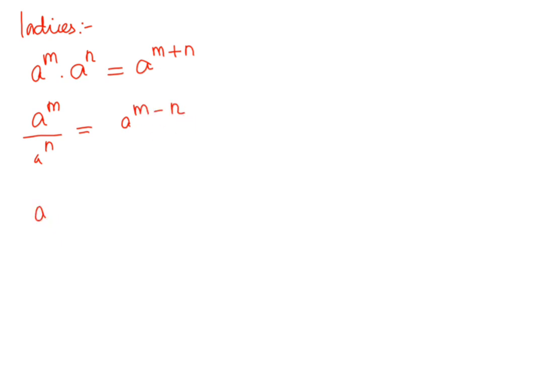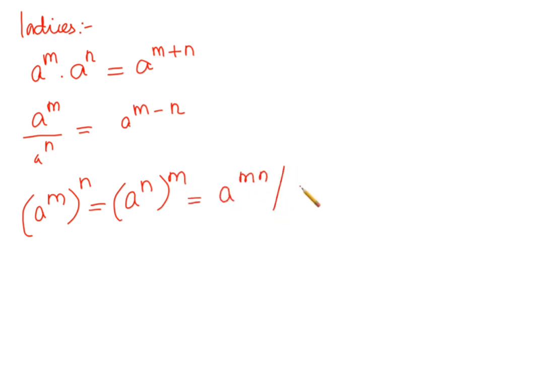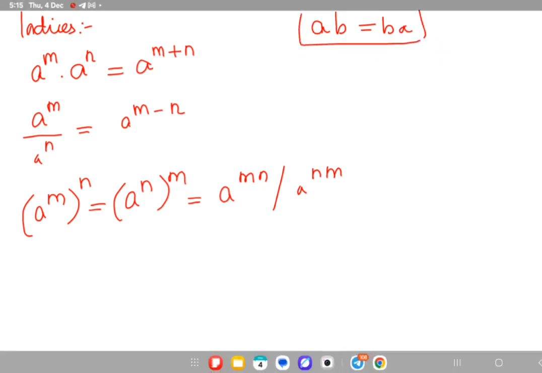In indices, a raised to m the whole raised to n can also be written as a raised to n the whole raised to m, because this eventually comes down to a raised to m into n, or a raised to n into m. And as we know, multiplication in mathematics is a commutative law, meaning a multiplied by b is equal to b multiplied by a. This is what the commutative property states.